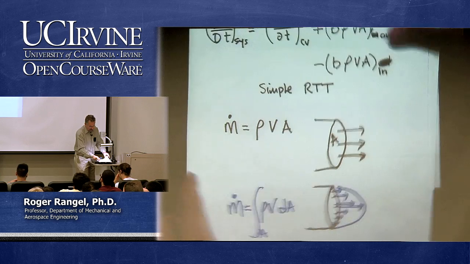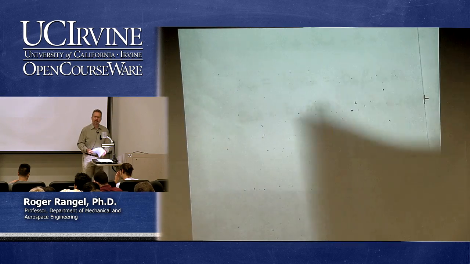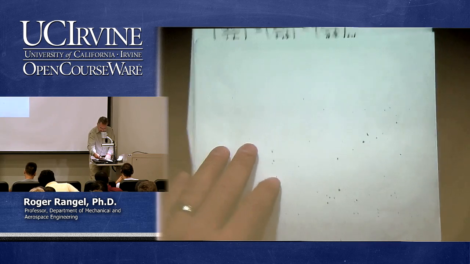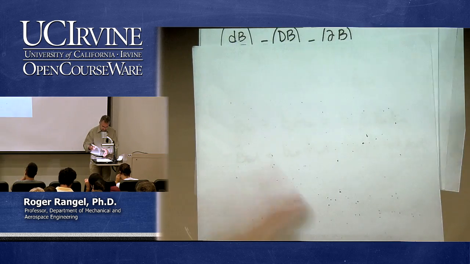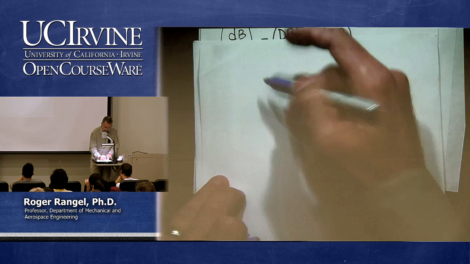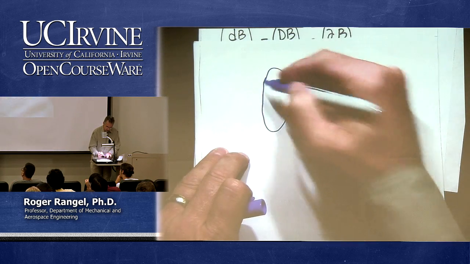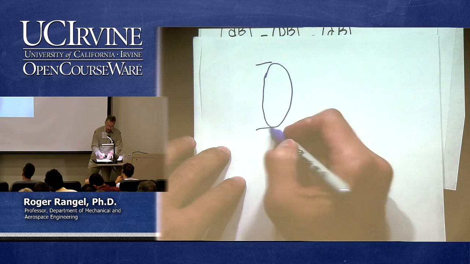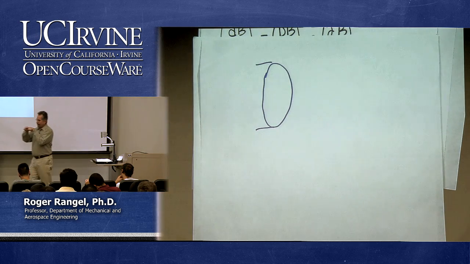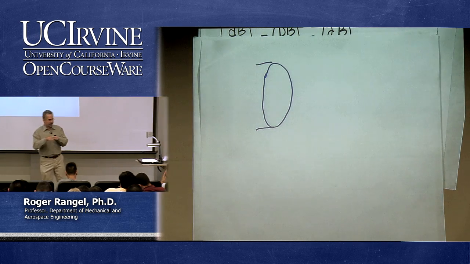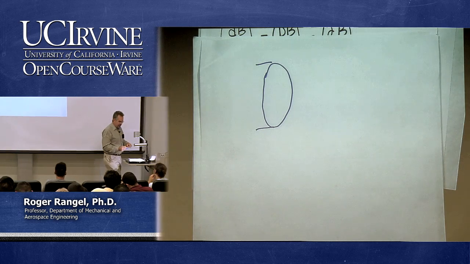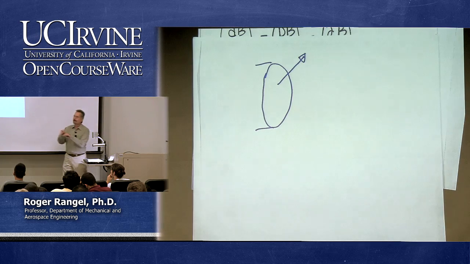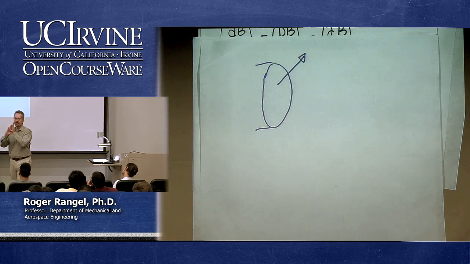And suppose I make it even more complicated. Suppose that I tell you, well, actually what happens is that, again, here is the area, but the velocity not only is not the same everywhere, or the density is not the same everywhere, but it turns out that actually the velocity doesn't come perpendicular to the face, to the area.